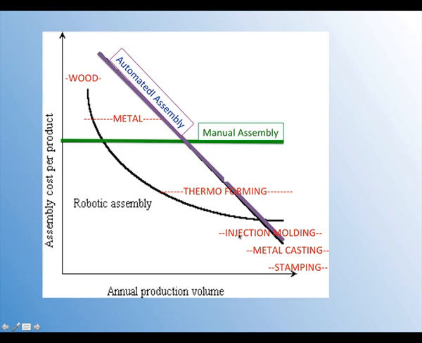And injection molding is probably more like fully automated assembly. Same thing with metal casting, and certainly metal stamping is typically a fully automated assembly. So you see the progression from wood to metal to low volume, low cost plastics to high volume, high cost plastics, and certainly as the volume increases, metal stampings are the most efficient.